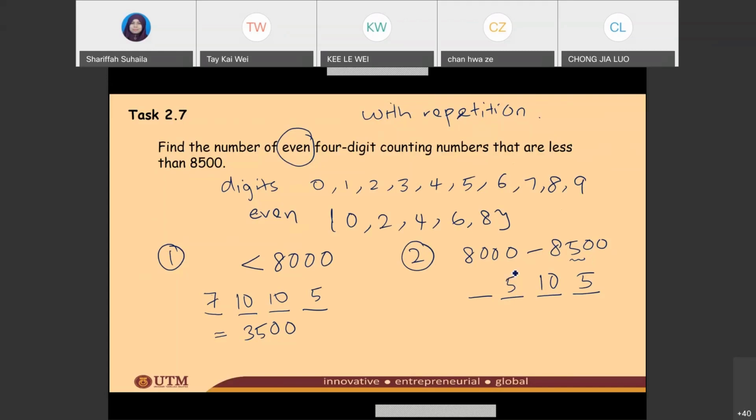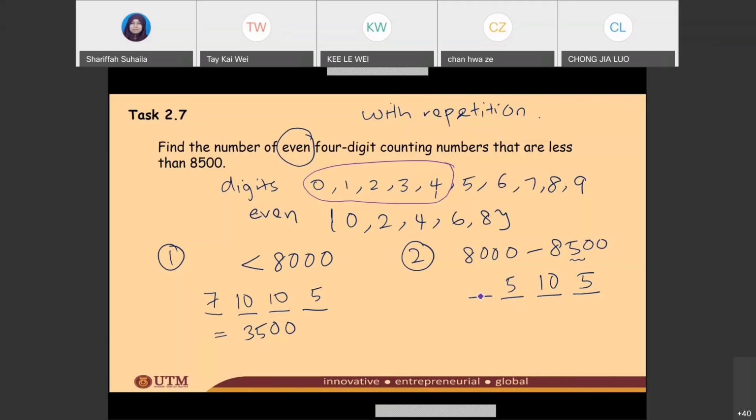Because you already have 500, it must be less than 5. So either 4, 3, 2, 1, 0, which gives you 5 possibilities.